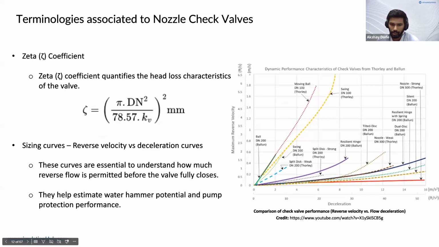Conventionally, and as we have seen in the industry as well, the zeta coefficient is the least for nozzle check valves. So swing check valves will have a slightly higher zeta coefficient, which will give rise to higher pressure losses and higher life cycle costs. So that's about zeta coefficient.